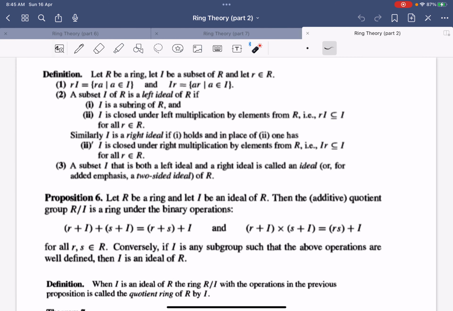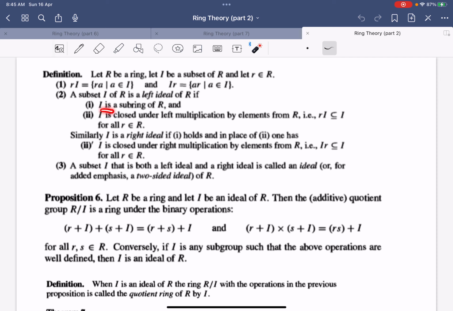We say that r times a subset of R, where r is an element in big R, will be defined like a coset. And you can define the right multiplication one as well. And then we call this property an ideal.